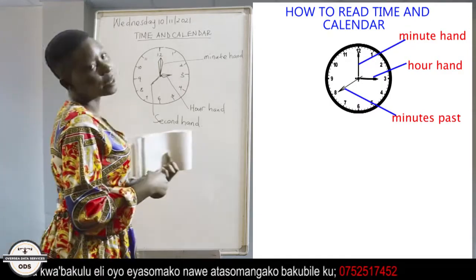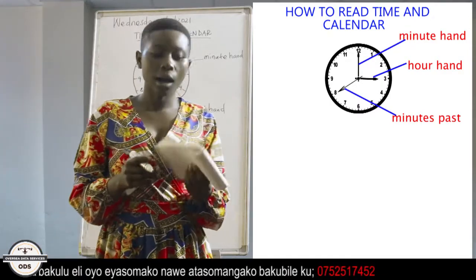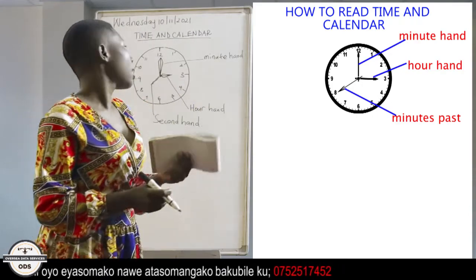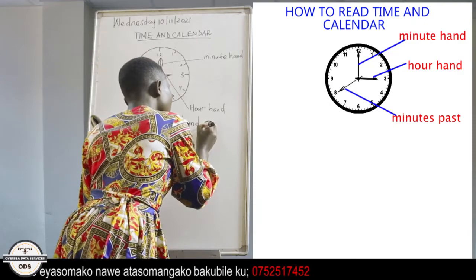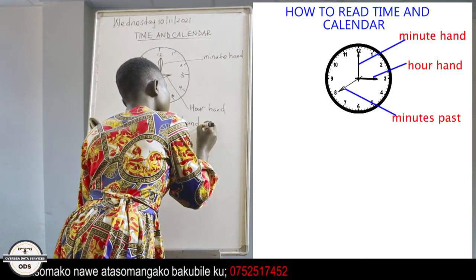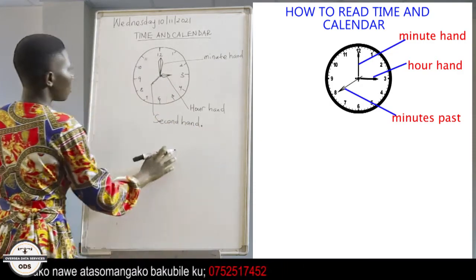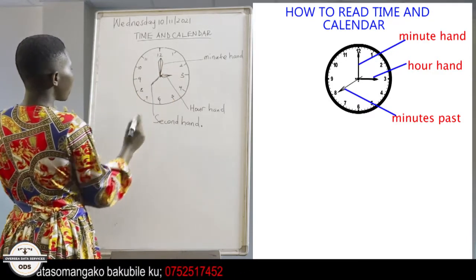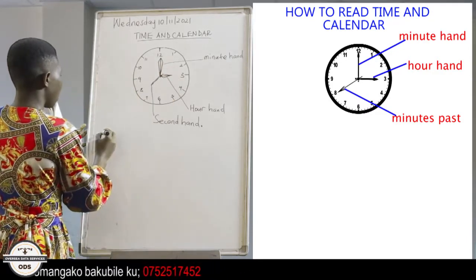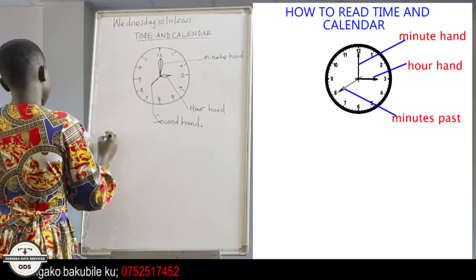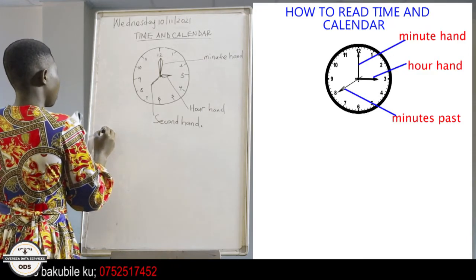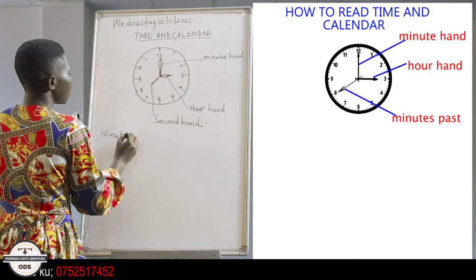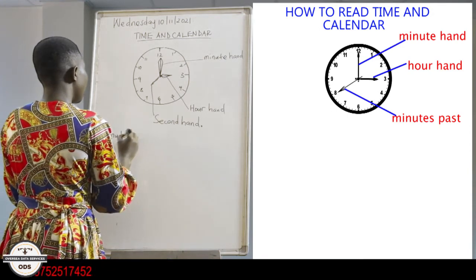And in a day we have 24 hours. Let us first define the hands we have in our clock face here. I told you, we have a minute hand, a little bit longer.